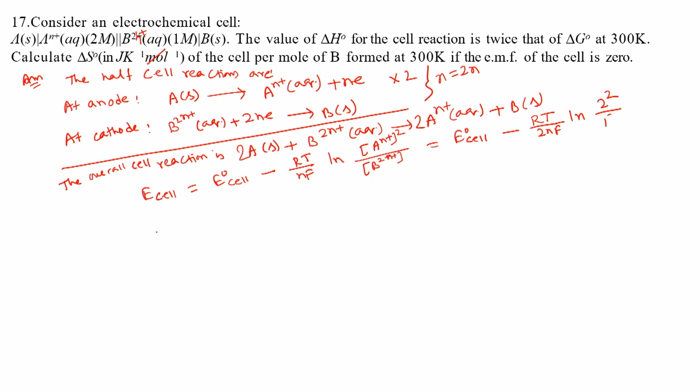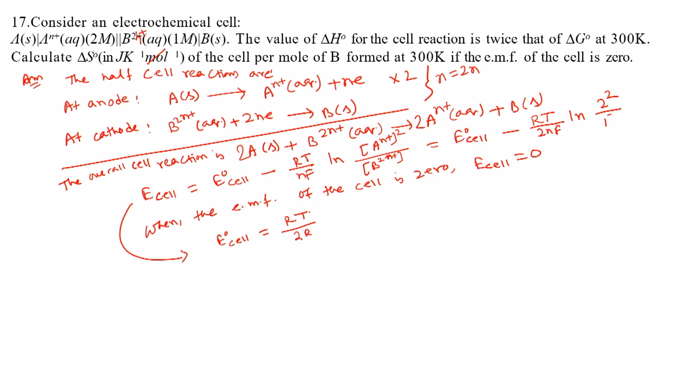So when the EMF of the cell is 0, we write E cell equals 0. So from here we get E naught cell is RT by 2nF ln 4.